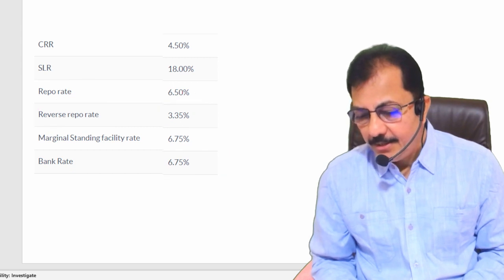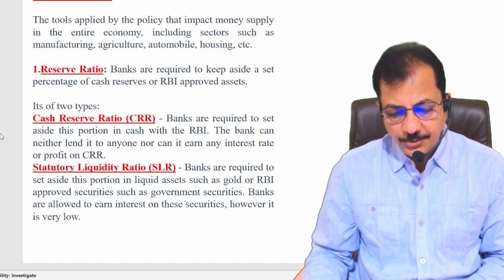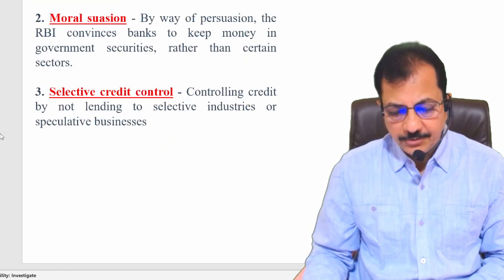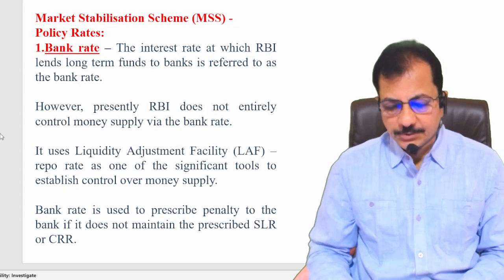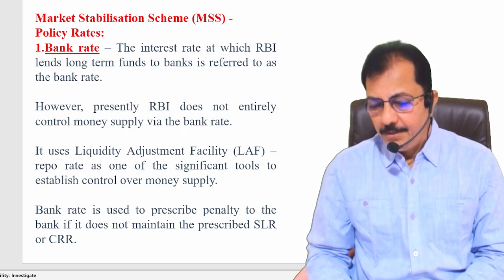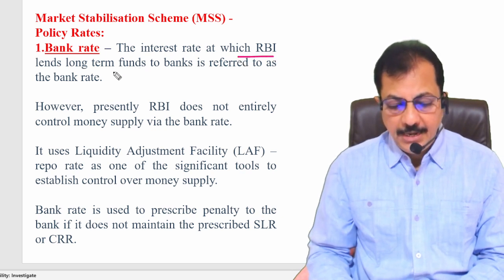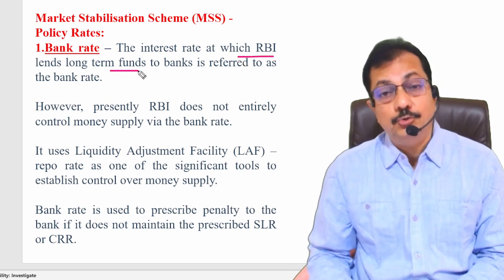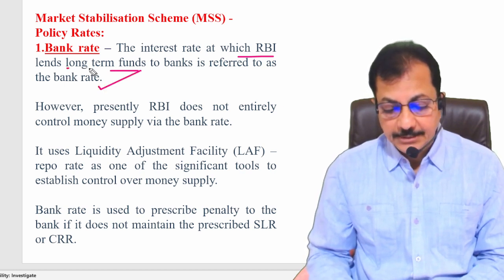Kindly wait for a while. I'll take you to the page where we have stopped. This is what we are discussing, right? The interest rate at which RBI lends long-term funds to banks is referred to as the bank rate. Is that okay?